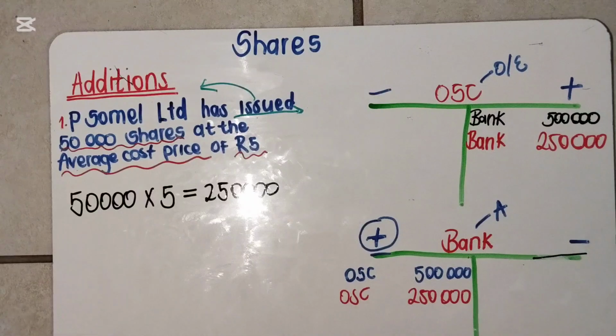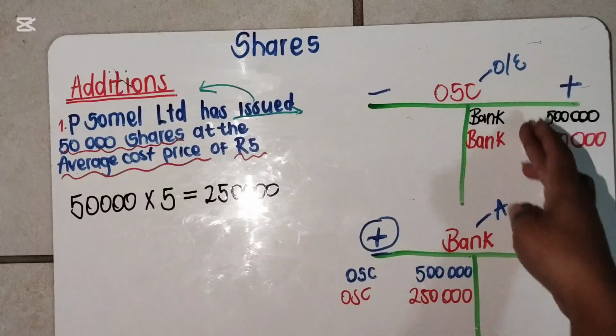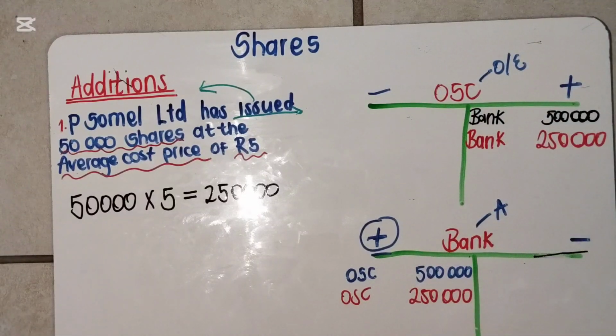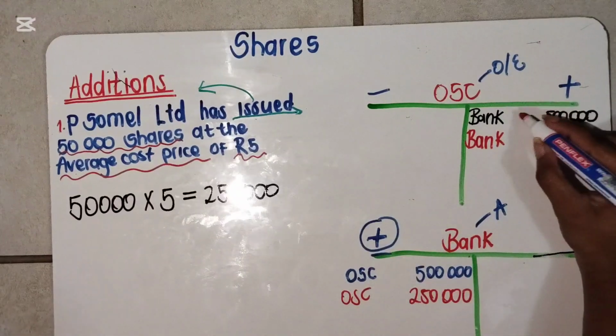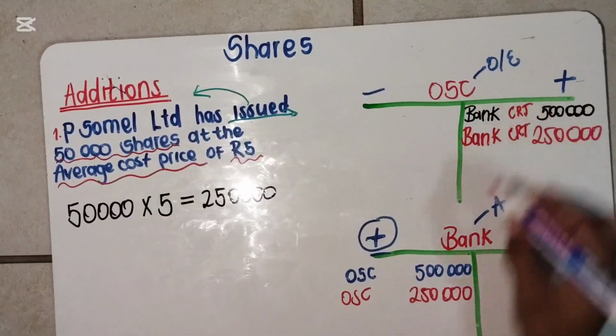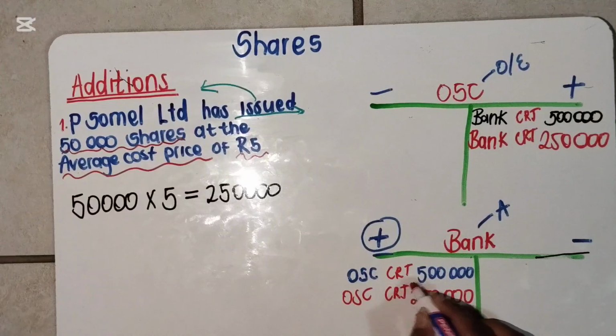Honestly, I teach perfection, but for this video's sake, I'm just showing you how you deal with additions of shares. But you know that you have to close off your account at the end of the financial year. You have to write your dates. You have to write if this is CPJ or CRJ, the folio that you're using. That is also important. I'm just explaining the concepts, but it's important that you know that you write CRJ, and you write your dates.